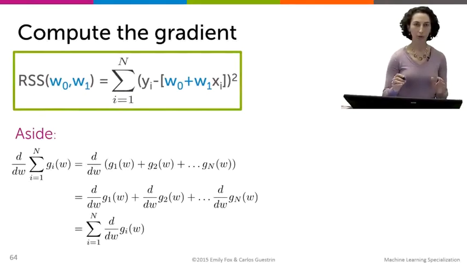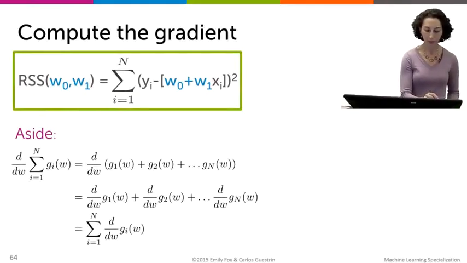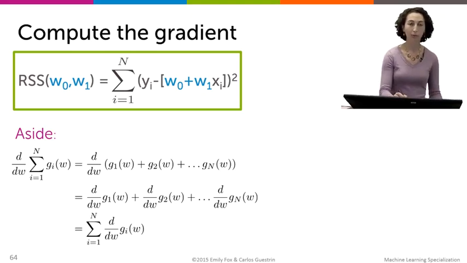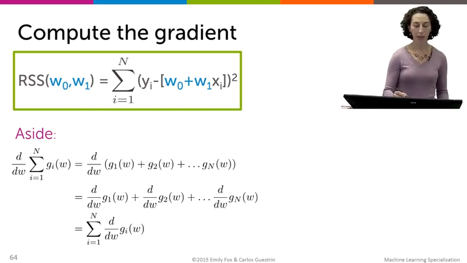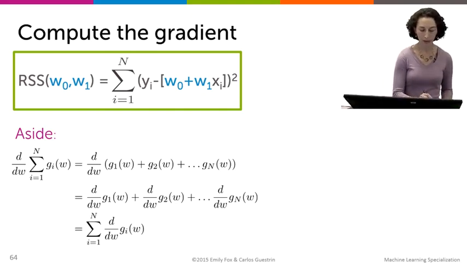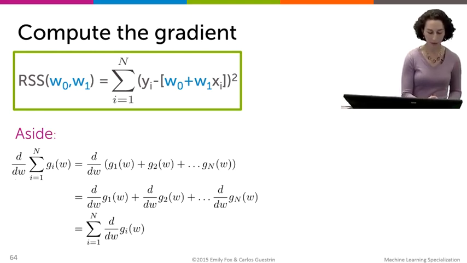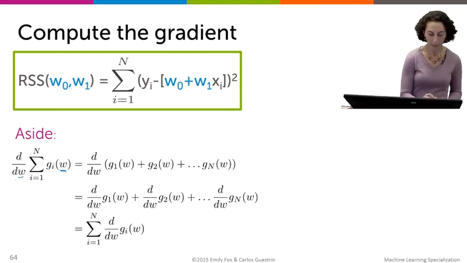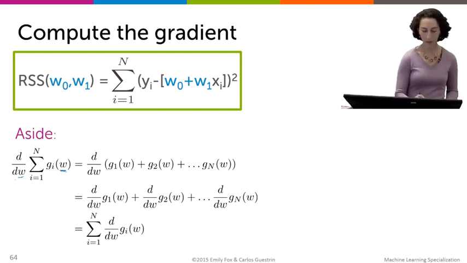Okay, so let's return to the definition of our cost, which is the residual sum of squares of our two parameters, W0 and W1, which I've written again right here. But before we get to taking the gradient, which is going to be so crucial for our gradient descent algorithm, let's note the following fact about derivatives. If we take the derivative of the sum of functions over some variable w, then we can write this equivalently.